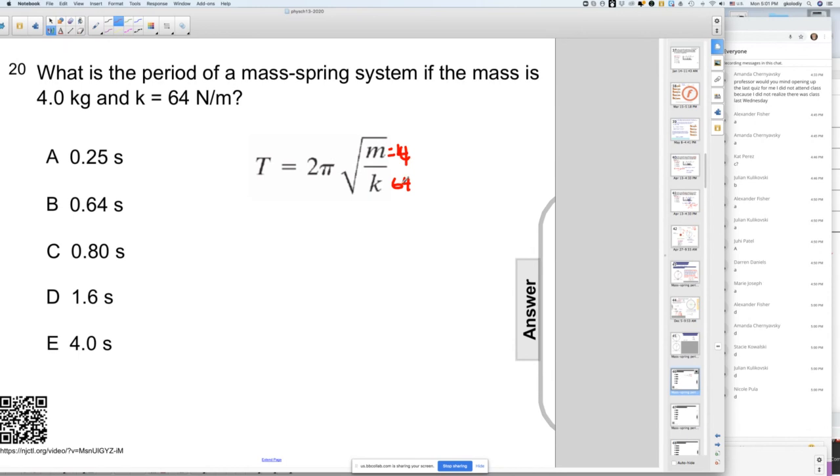And both of these are perfect squares, so you know this is 2 divided by 8. But you got to multiply by this, and you get 1.6 seconds, this particular period.